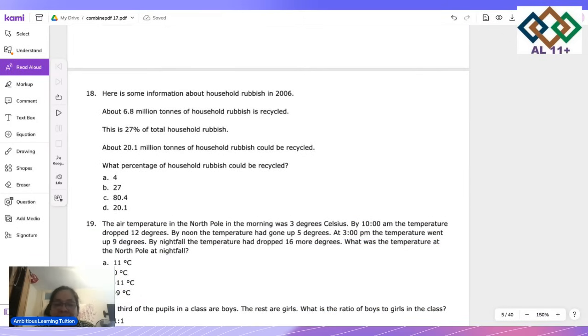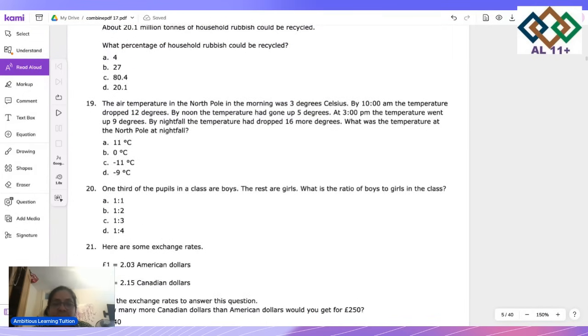And then you have something for millions, stones, all that stuff. And then temperature problems are also there, so you have to know how to find the temperature.